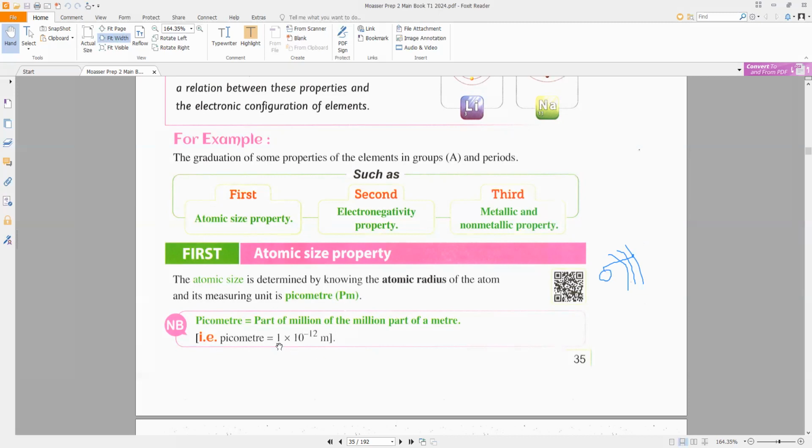So the picometer equals 1 times 10 power minus 12 of the meter. It's a very, very small unit of the meter. So we know how to measure the atomic radius. What is the unit to measure? Picometer, a very, very small unit of the meter equal to 1 times 10 power minus 12 of the meter.